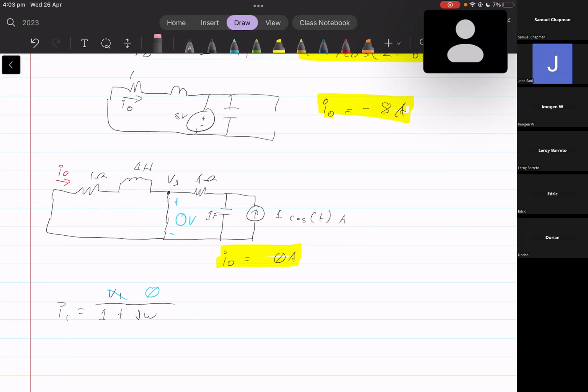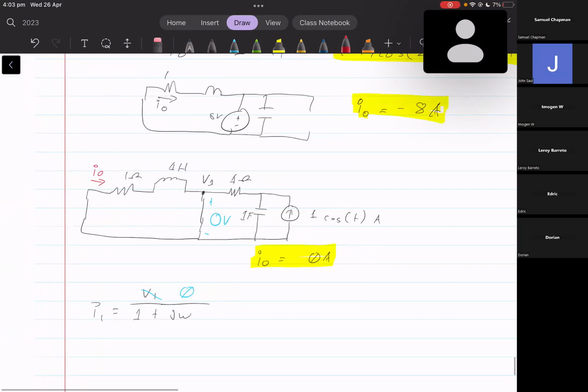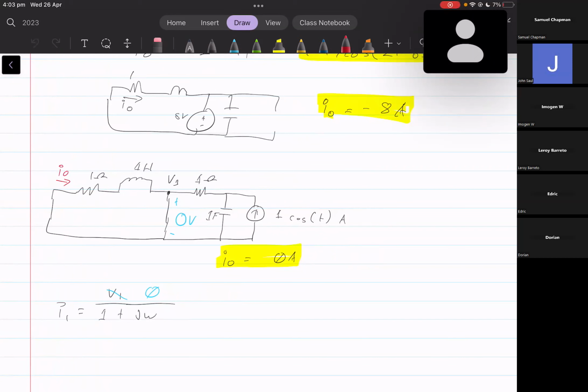It's because there was a voltage source that got short circuited when you did the superposition and switched it off.